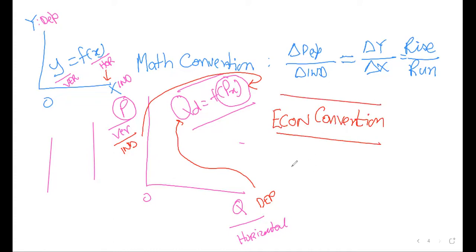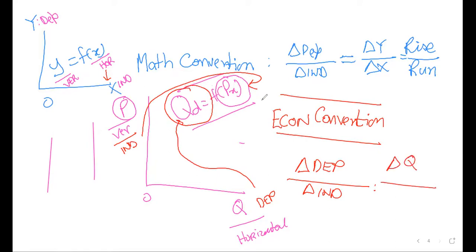So what is the problem with the economics convention? We still have dependent by independent. But now which is the dependent? Quantity demanded. So we have del Q. Which is the independent? Price. So we have del P. Isn't it the reverse of mathematics? Isn't this del x by del y?